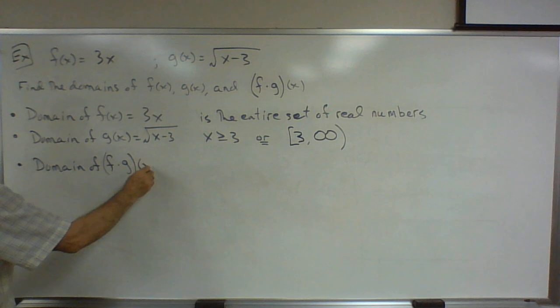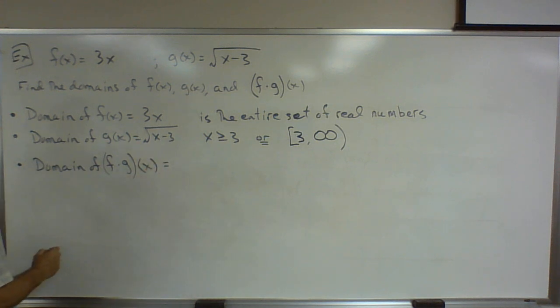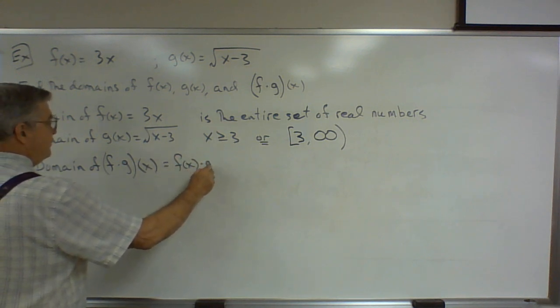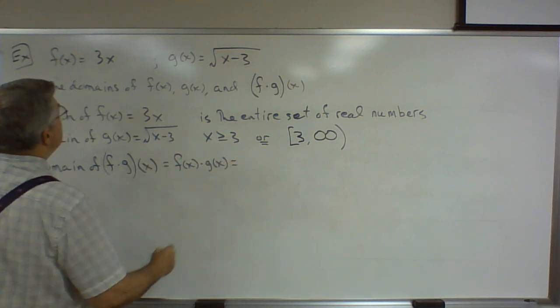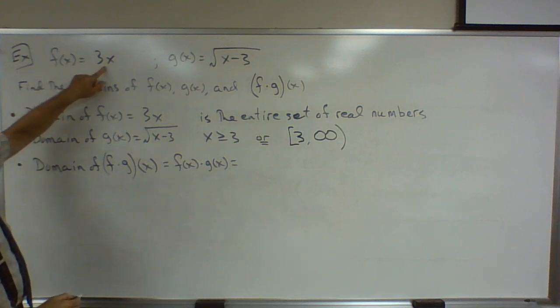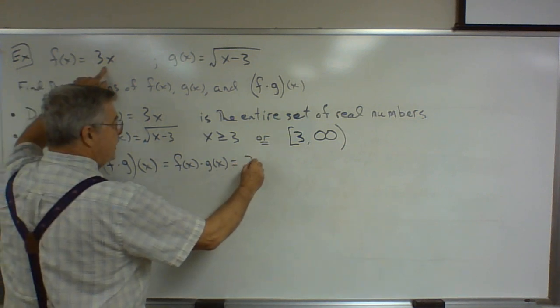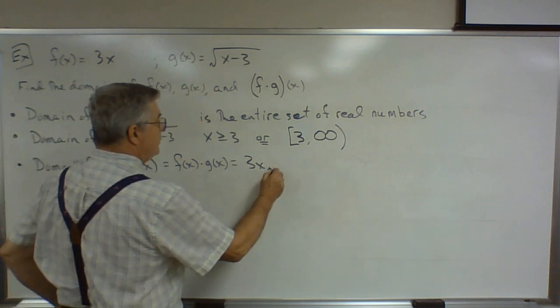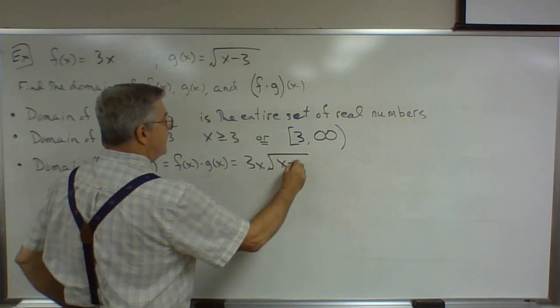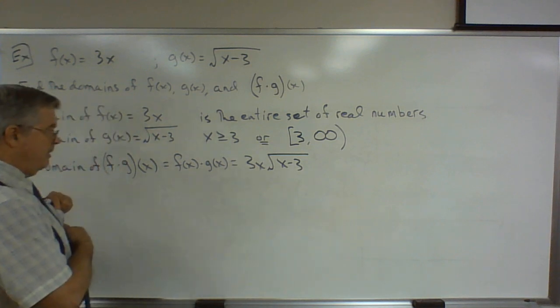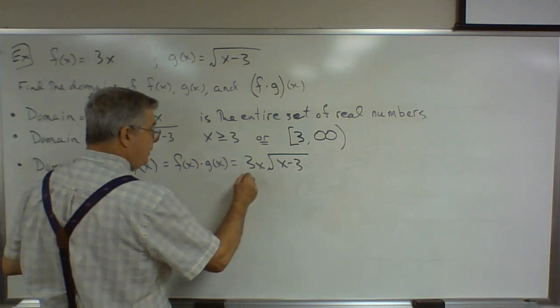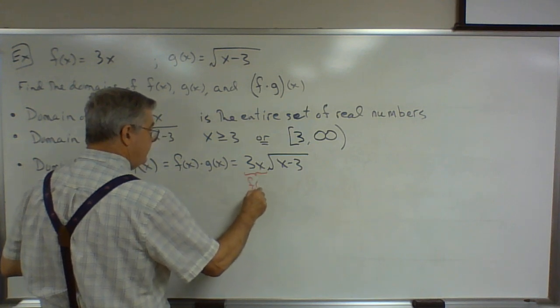The domain of f times g evaluated at x. Let's see, this is just f of x times g of x. And that's, let's see, f of x, that's 3x. G of x, that's square root of x minus 3. So here's f of x.